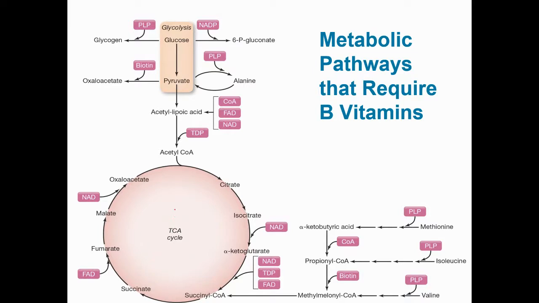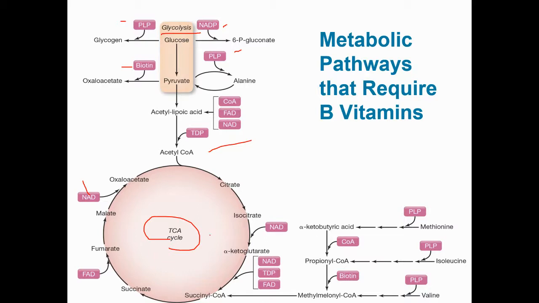I guess I won't spend any time here, but you can just see again the full process starting from glycolysis and ending with the tricarboxylic acid cycle. You can see all these ways in which these different coenzymes, which are B vitamin derivatives, fit in and support this process.